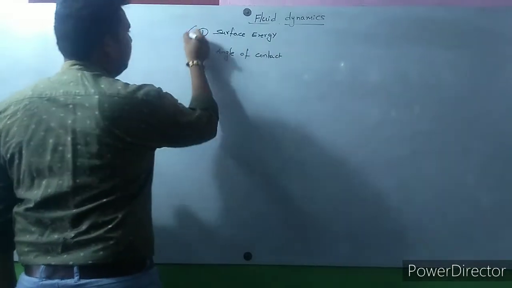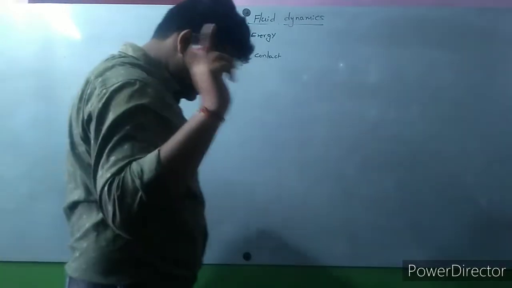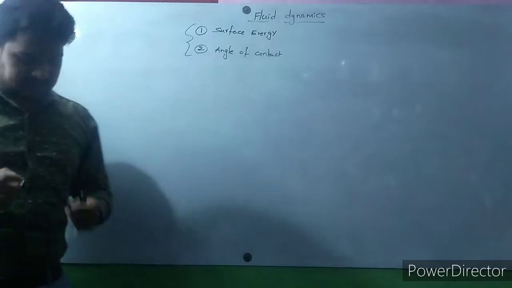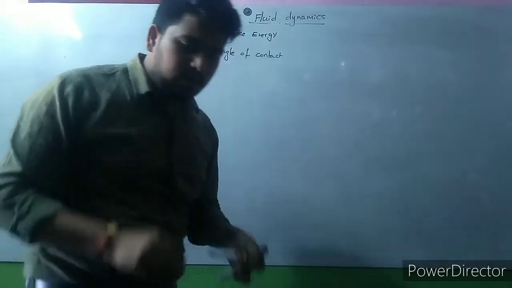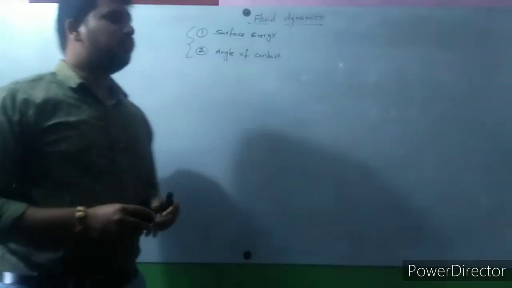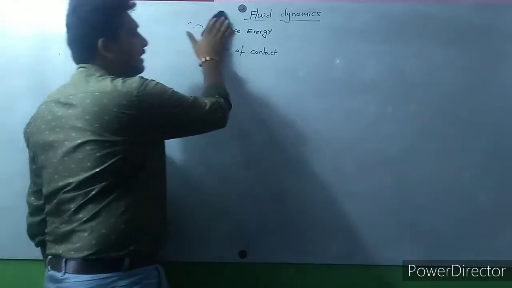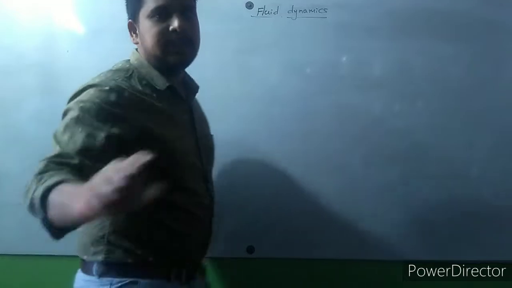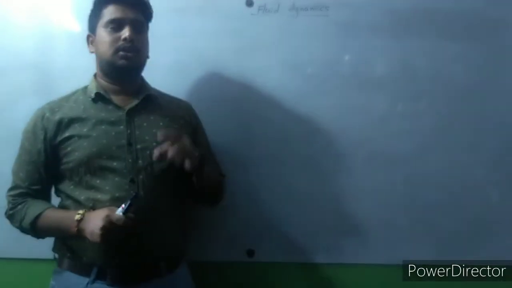So in this lecture, majorly I discuss these 2 topics. One is surface energy and another one is angle of contact. Please watch the lecture till the end. Definitely you will get a clear idea about this topic. So let's begin our topic.